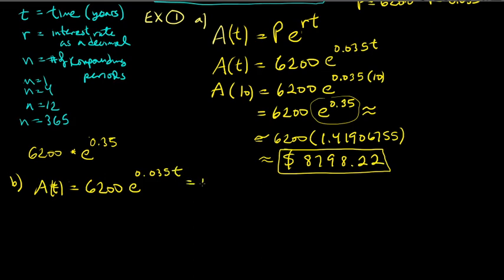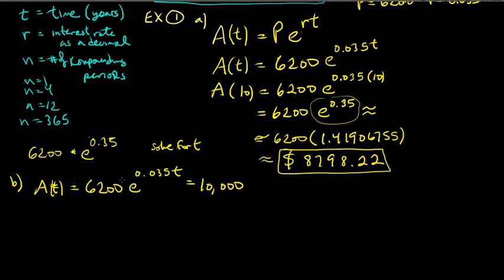And we know that has to be 10,000, because that's what we want to end up with. So now we have to solve for t. This is something we did in the previous video in section 4.5, solving exponential equations. There's no log here. It's an exponential equation; t is in the exponent. So how do we solve for t?